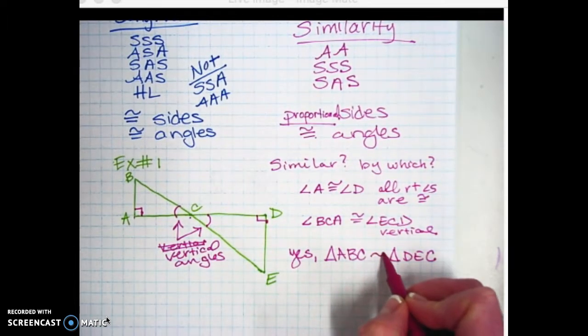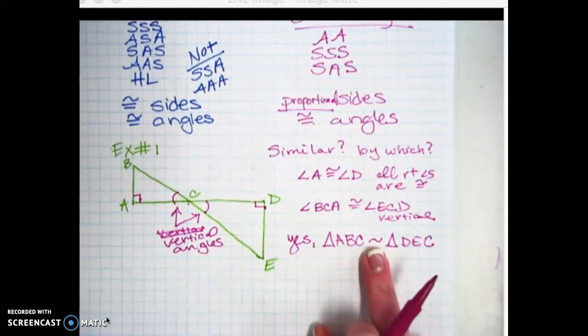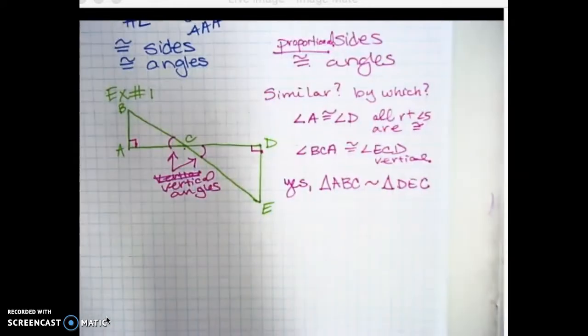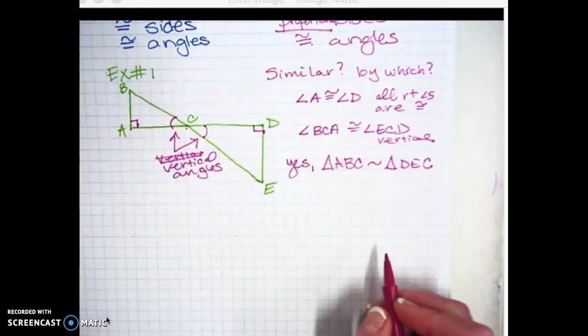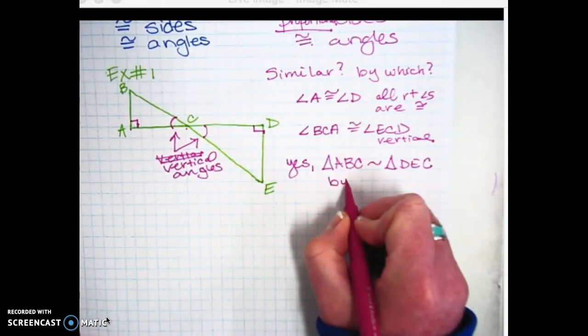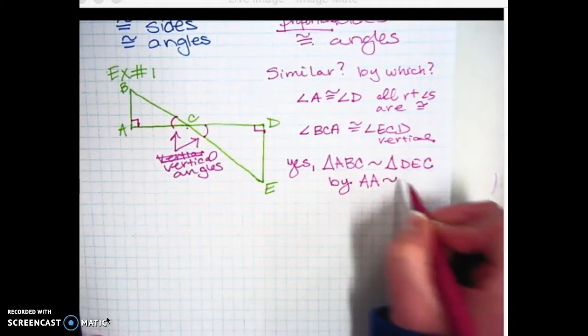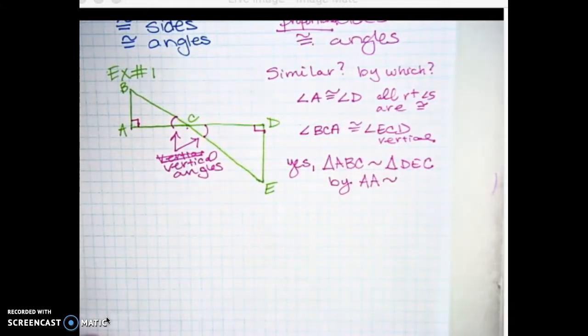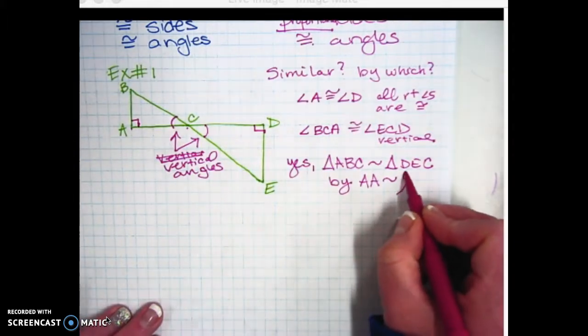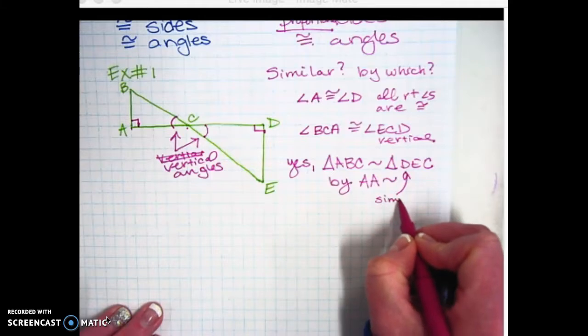And then I'm going to put the similar sign in the middle, not the congruent sign. They are similar, by angle, angle similarity. Okay? So on the assignment, you're going to be asked for something called the Similarity Statement.